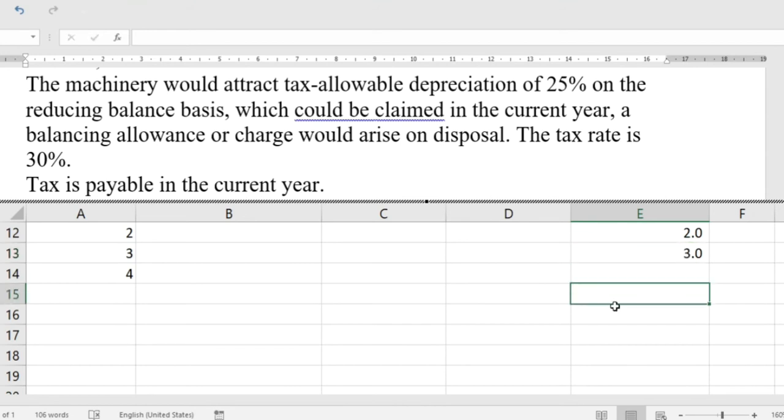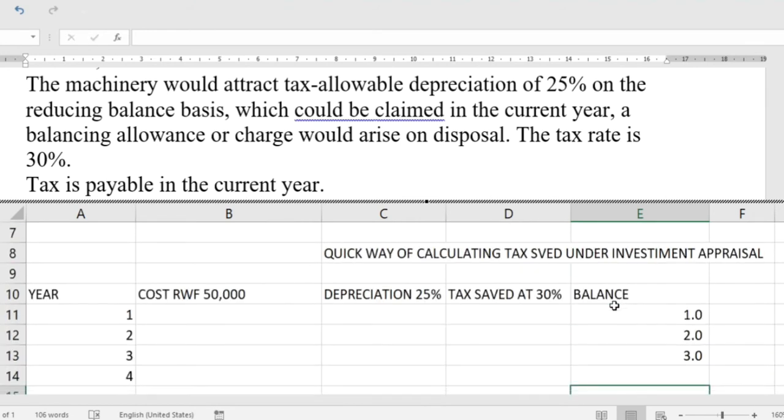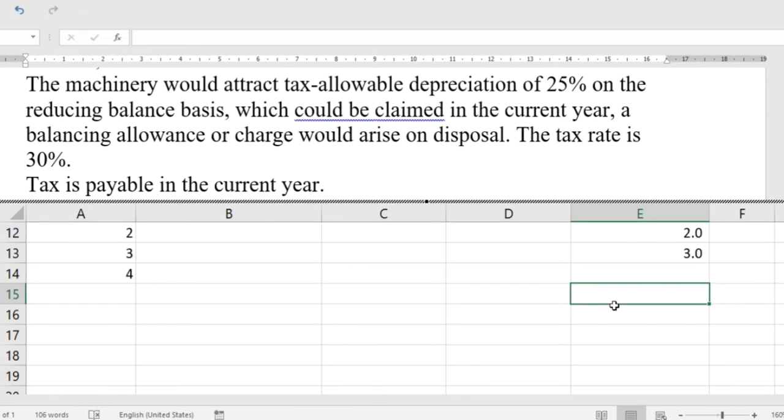First of all, we need to calculate the total depreciation, and then after getting the total depreciation, we calculate the tax saved on total depreciation. How do you calculate the total depreciation? The total depreciation is equal to the cost minus residual value or disposal at the end of life of the machine, times the tax rate.